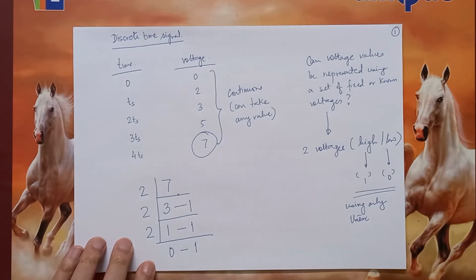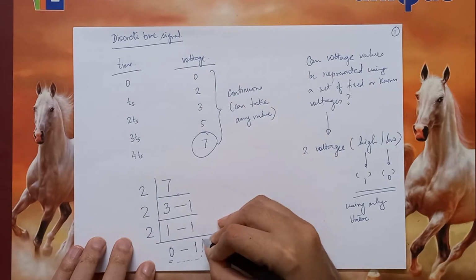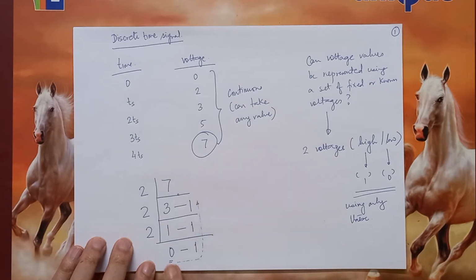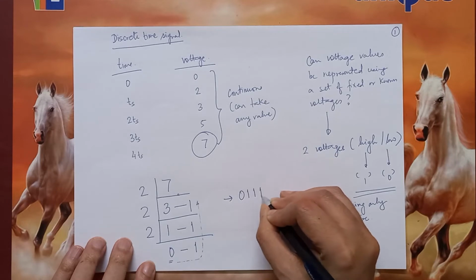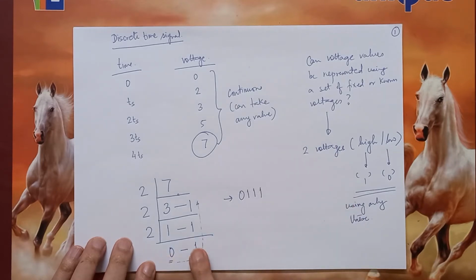What I am essentially doing, starting from the last quotient, I will move over to all the remainders from here all the way up, and I will write what I have got: 1 1 1. So I am noting it all the way from bottom to top.